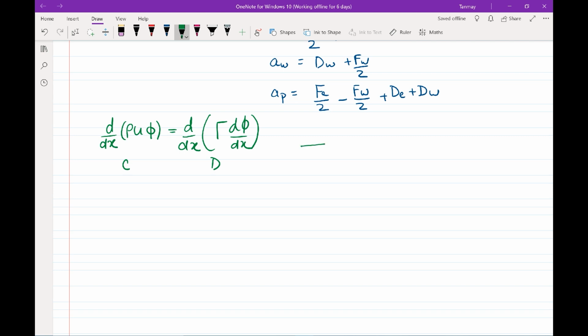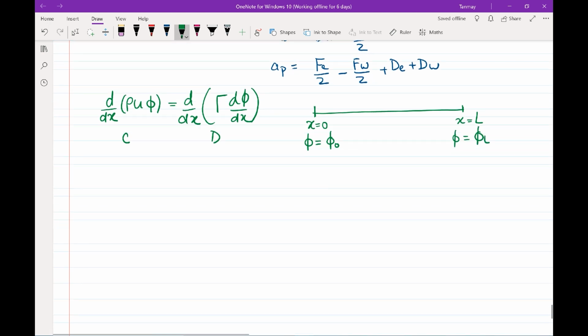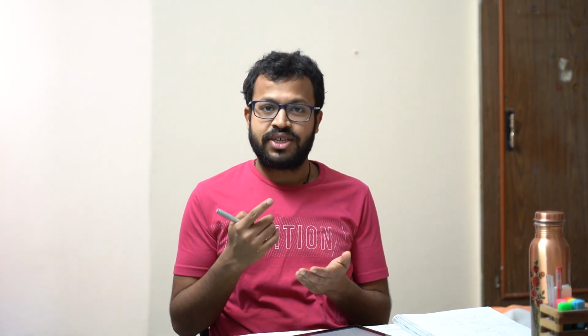So let us consider a 1D domain, because it's a 1D situation, with x equals 0 and x equals L being the endpoints. And we say that phi is phi 0 at x equals 0 and phi is phi L at x equals L. Now it is very easy to solve this particular governing equation, because it's an ordinary differential equation.